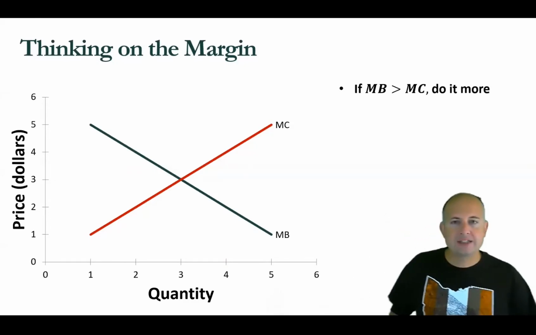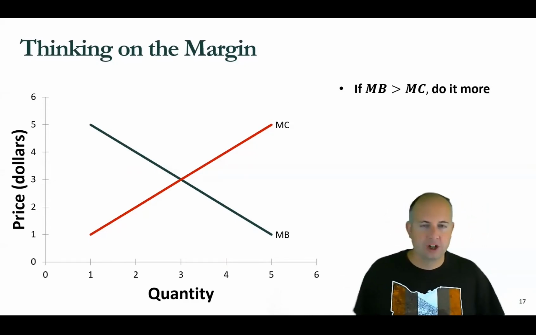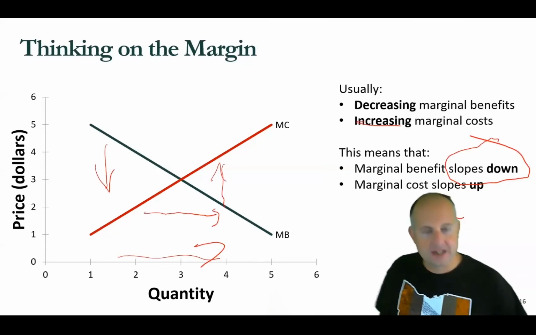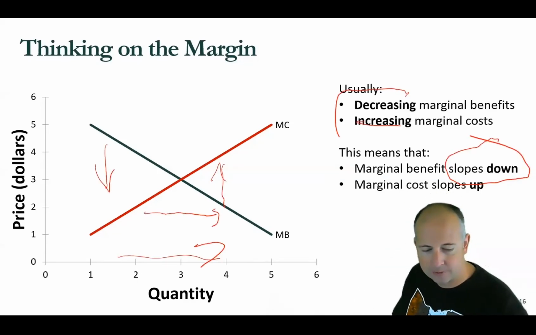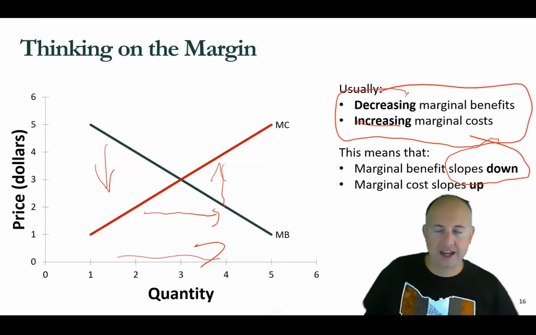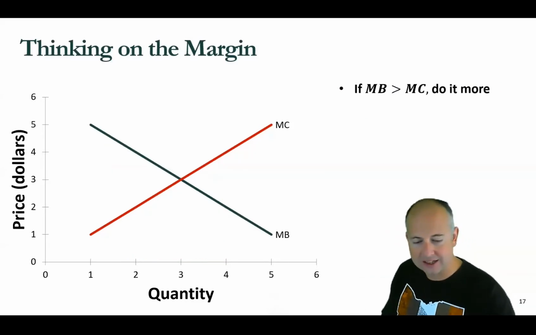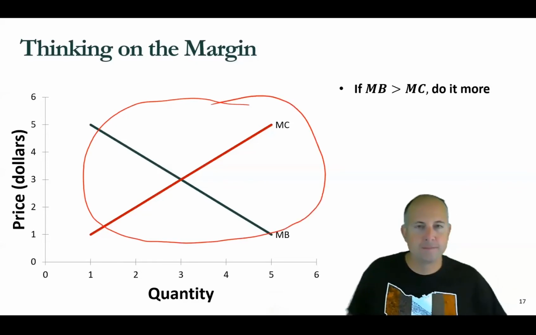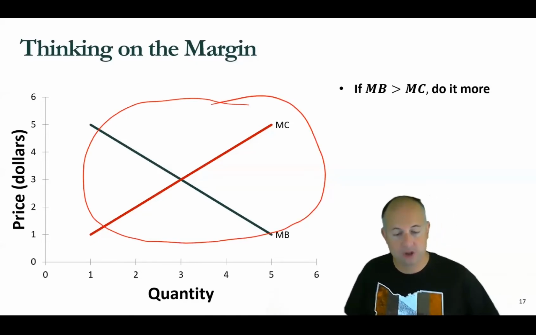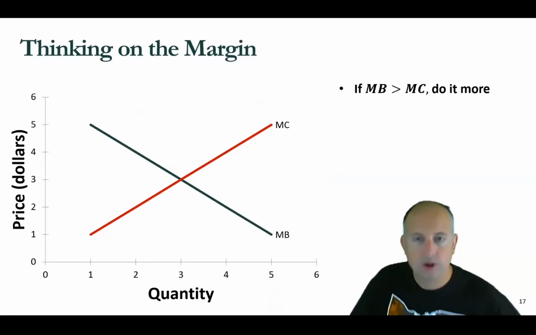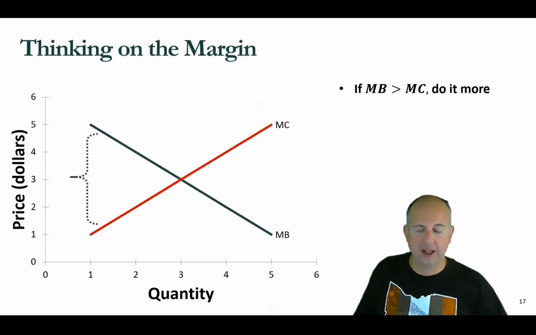So now we could see some general rules. If we have decreasing marginal benefits and increasing marginal costs, which we said is usually the case, then we get a graph that looks like this, which means that if marginal benefit is greater than marginal cost, we're in this region of the graph over here on the left side.